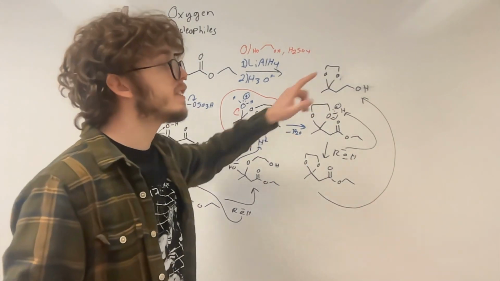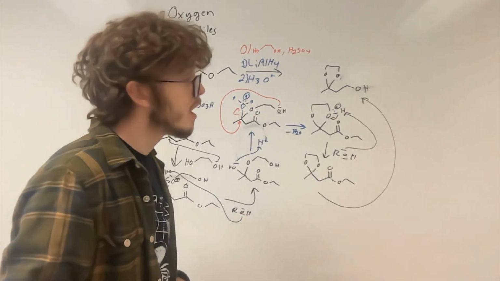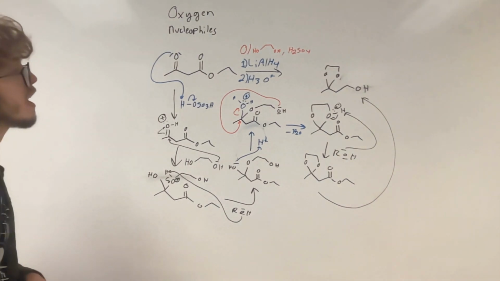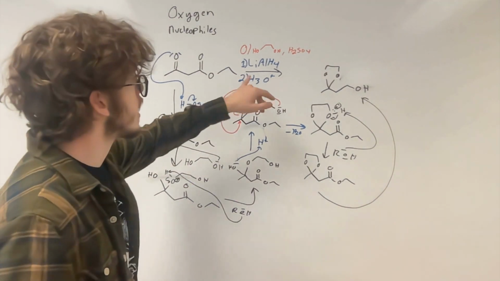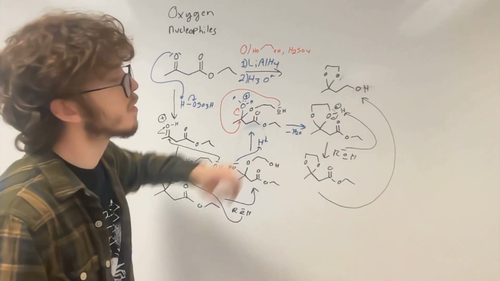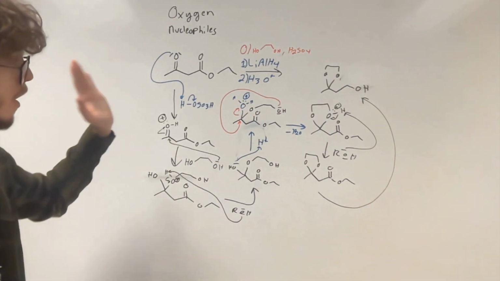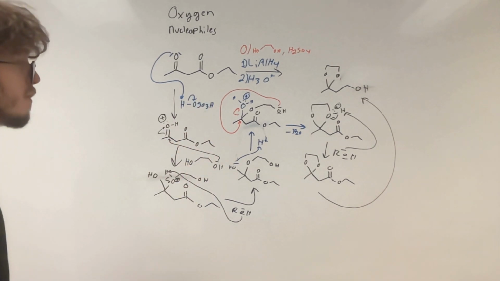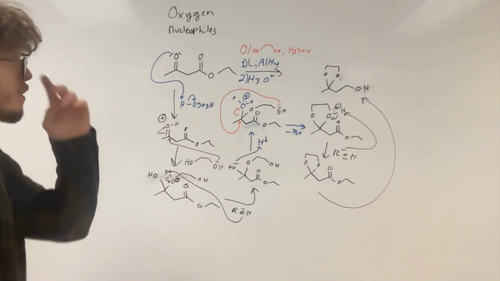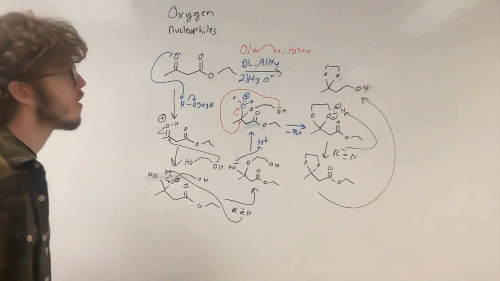Now to get our ketone back, notice how we did this in a non-aqueous environment until we reach step 2. Now, for H3O plus, you might want to use H2SO4 instead, but in a non-aqueous environment.